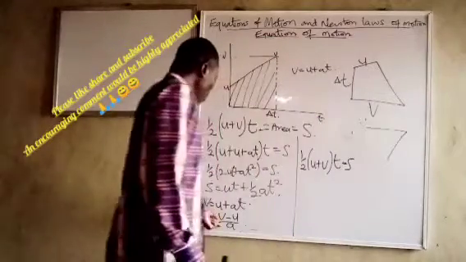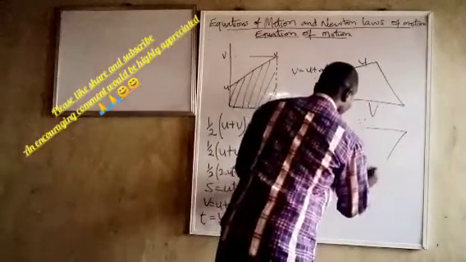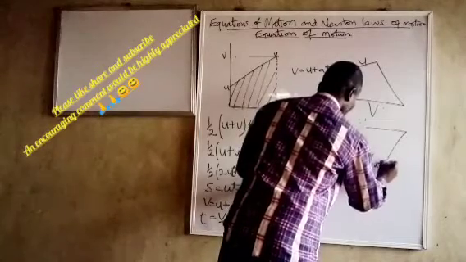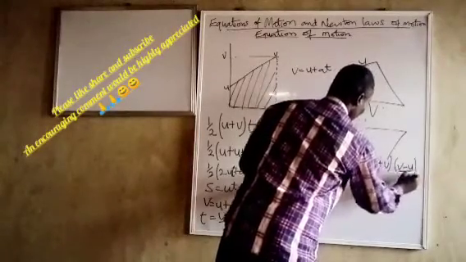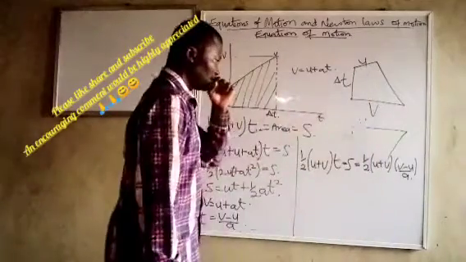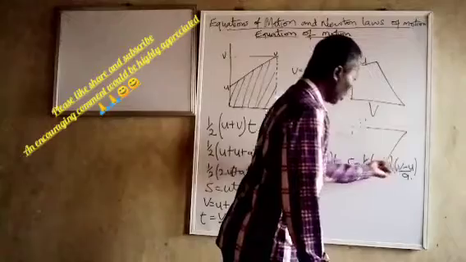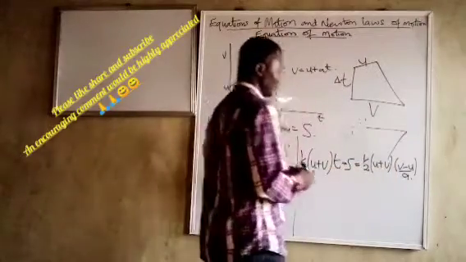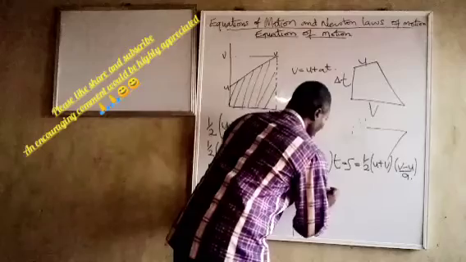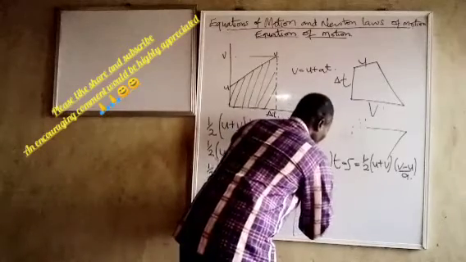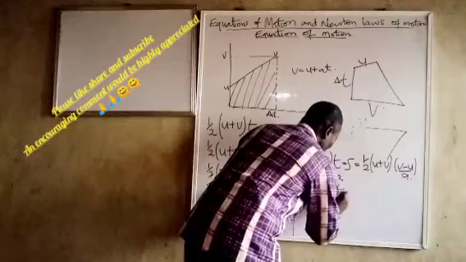And T, we know that T is equal to V minus U over A. It's going to be half into U plus V into V minus U over A. You can see. Does this equation look familiar? It's going to give us difference of two squares. So we are going to have S equals to V squared minus U squared over 2A.